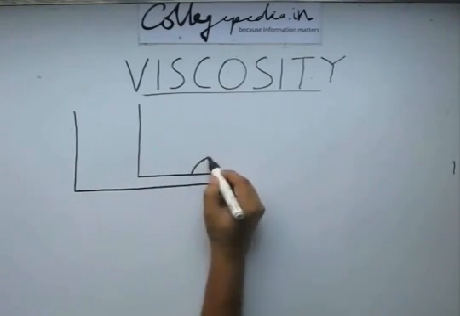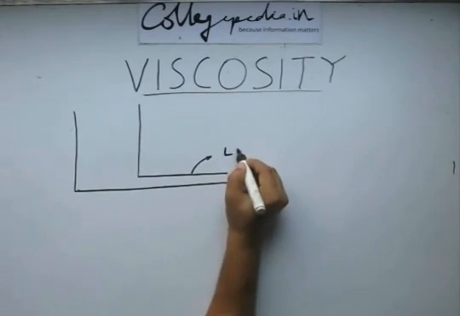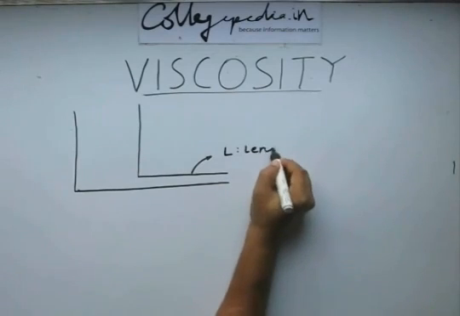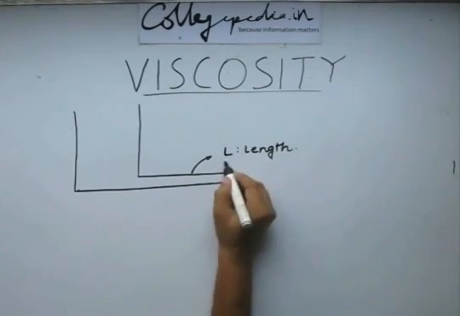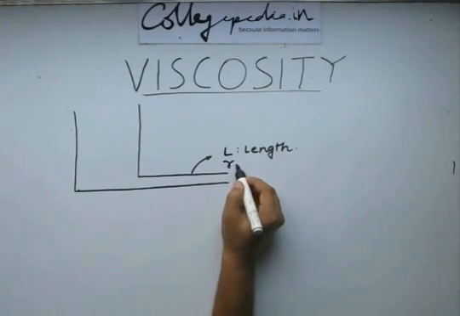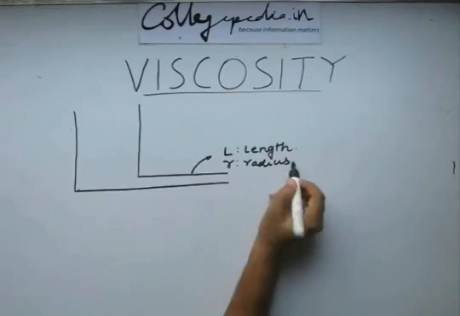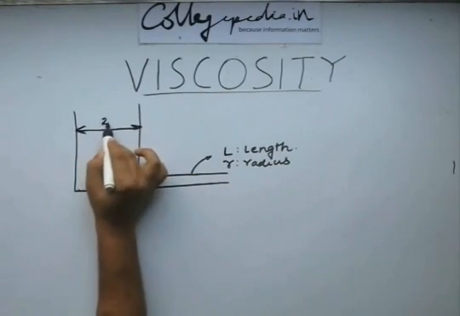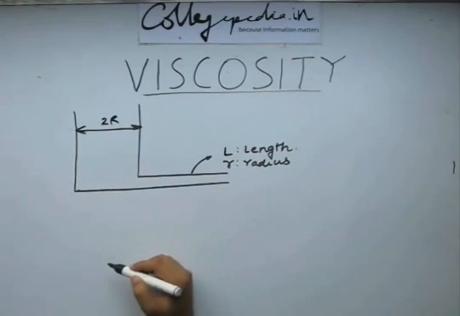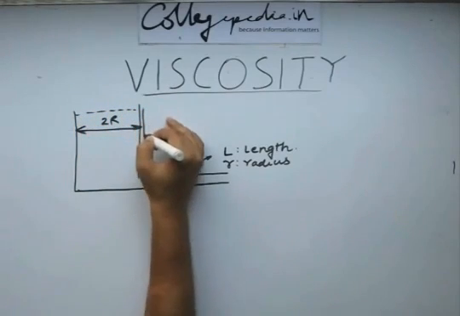This pipe here has a length L, its radius is small r, the cylinder here has a diameter of 2r, and fluid is present up to a height of capital H from the pipe.